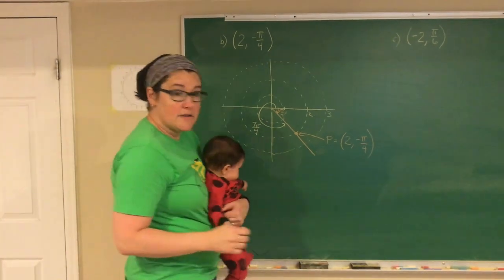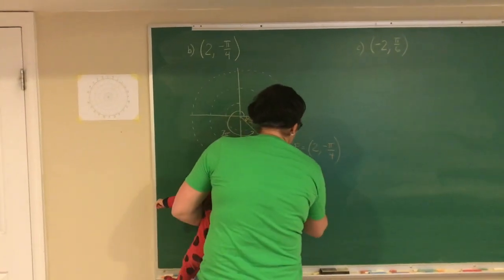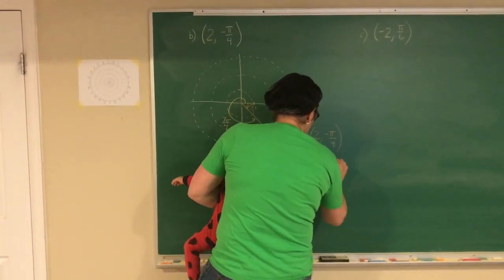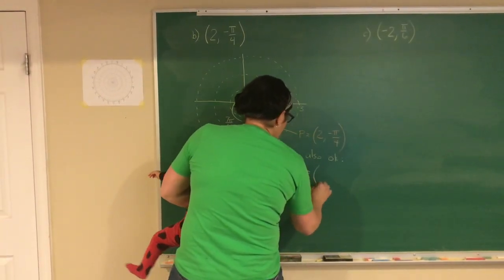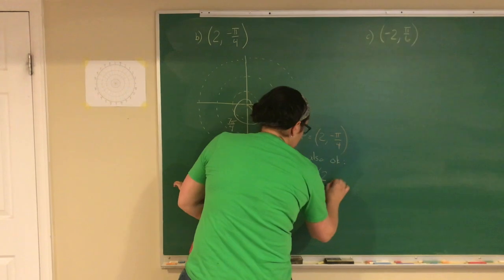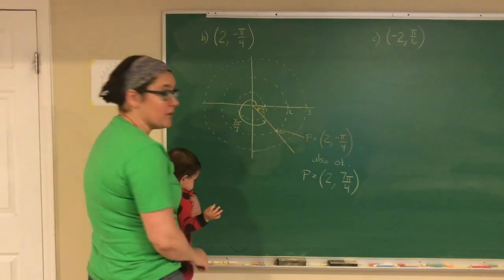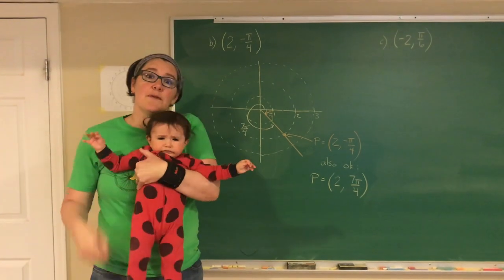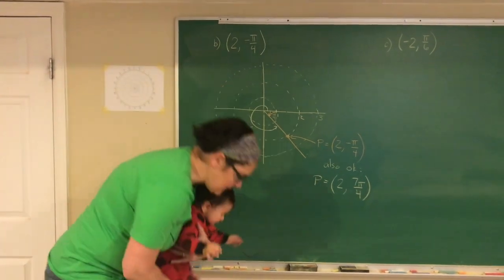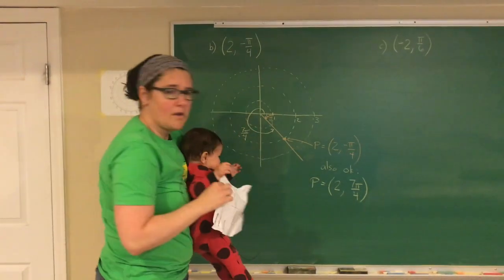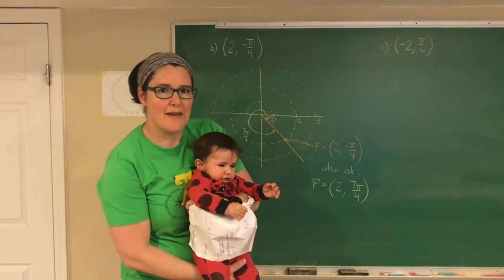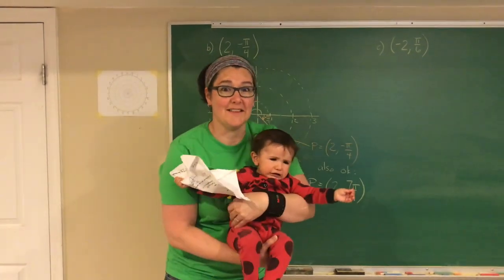So it is also okay to draw our point as P equals 2 comma 7 pi over 4, because the angle of negative pi over 4 and the angle of 7 pi over 4 are coterminal. Remember that word? We learned that one on the first day of class.